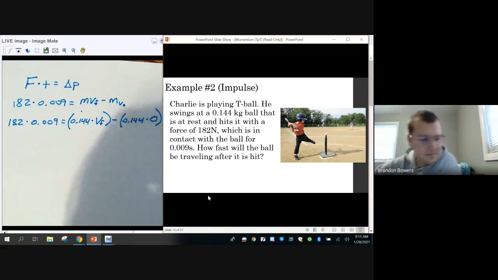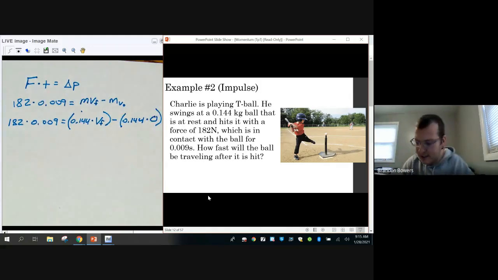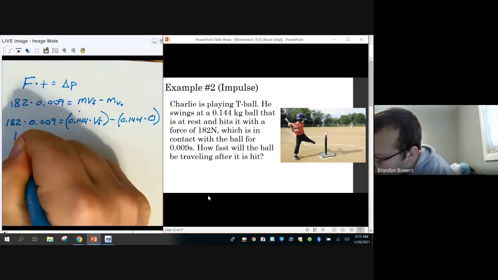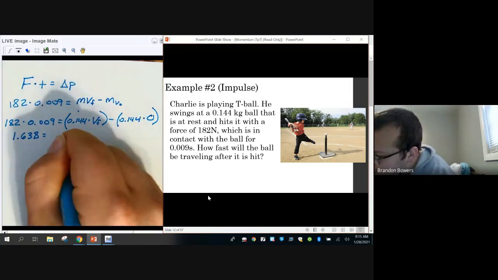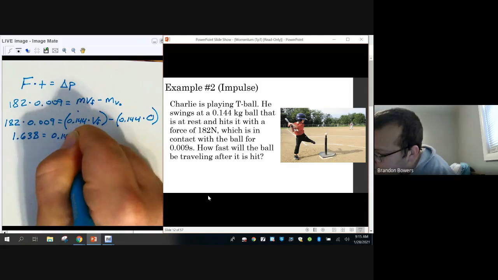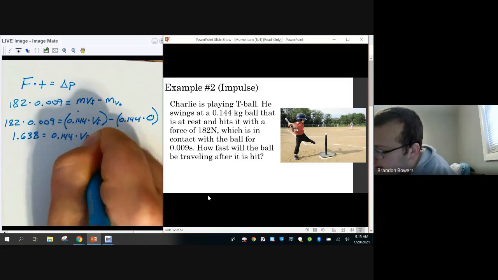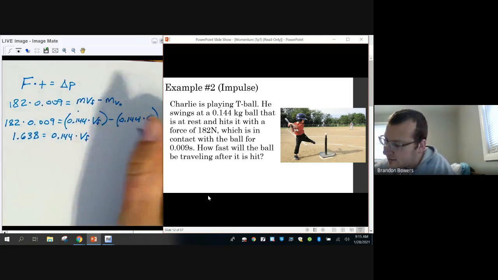So you have 182 times 0.009, which gives 1.638, equal to 0.144 times my velocity final, because all of that is 0.